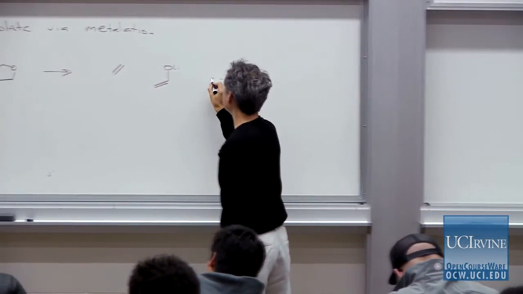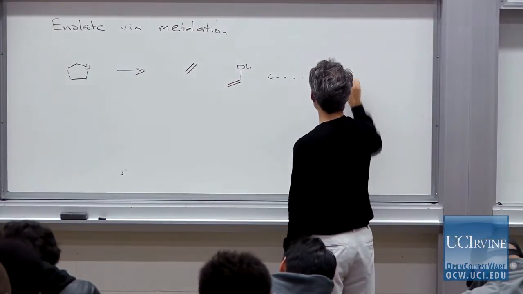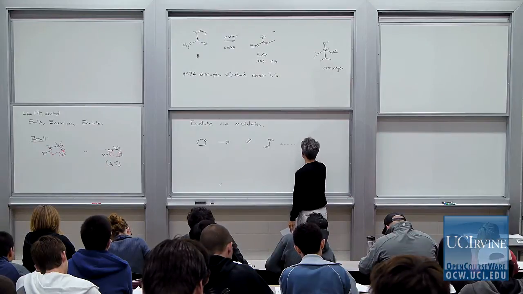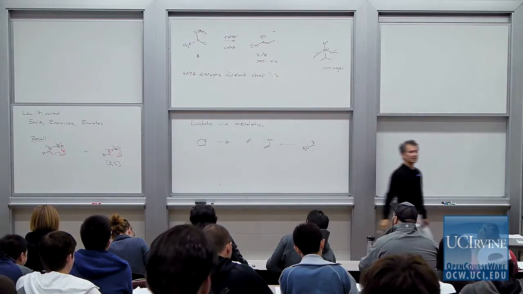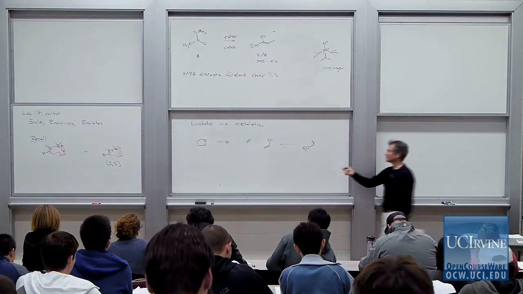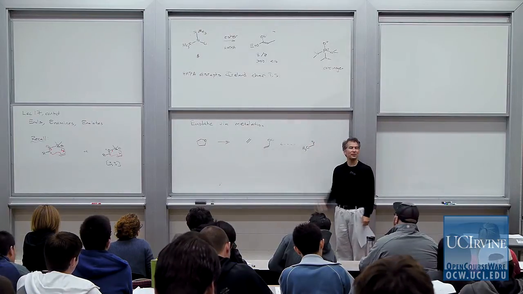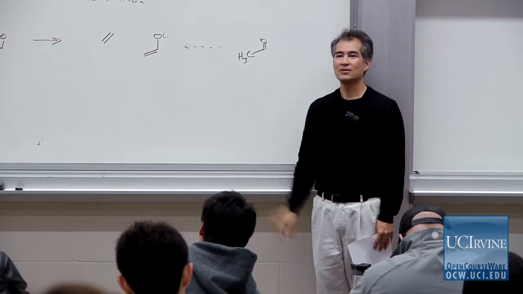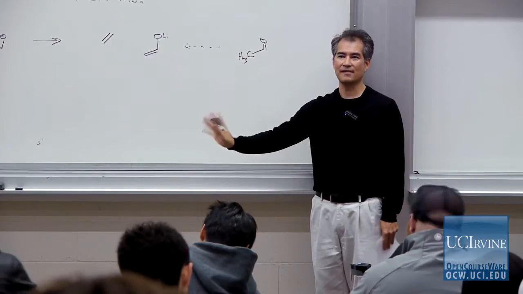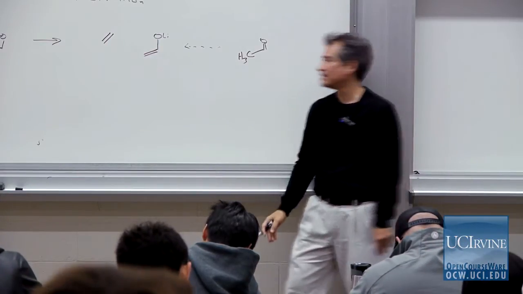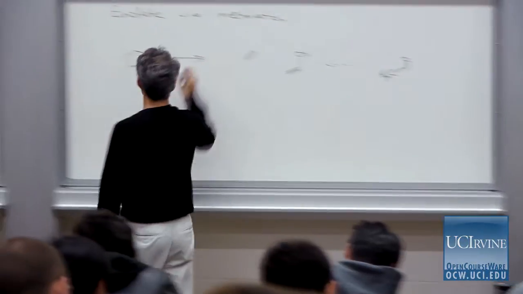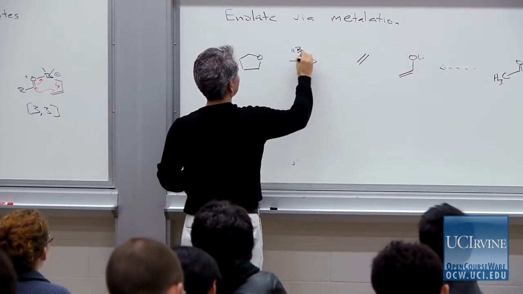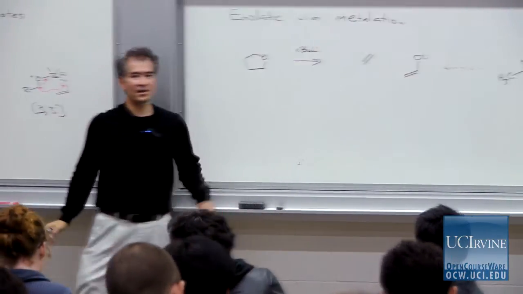So you don't make it like this. You don't make it by deprotonating acetaldehyde using LDA. It turns out that acetaldehyde is so reactive that as you're making the enolate, it starts doing aldol reactions with itself. So you never want to have acetaldehyde present in solution. What you do is you just put butyllithium in THF.